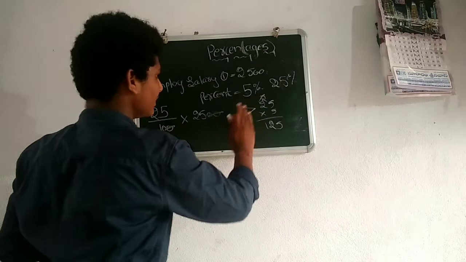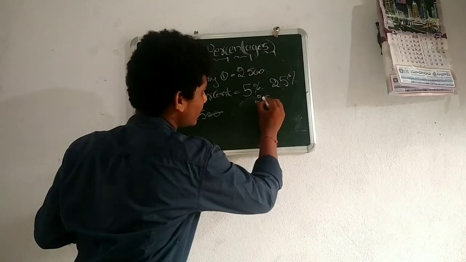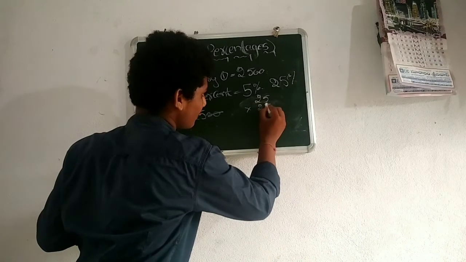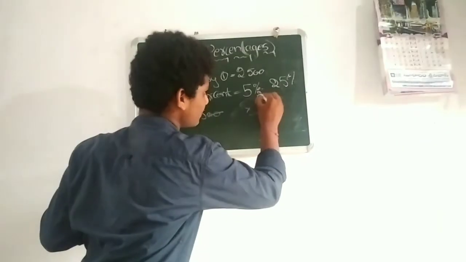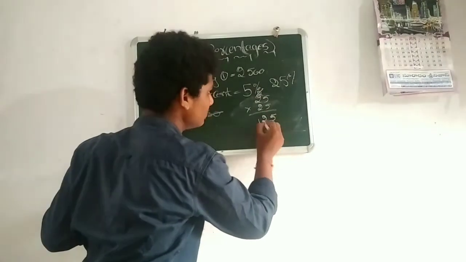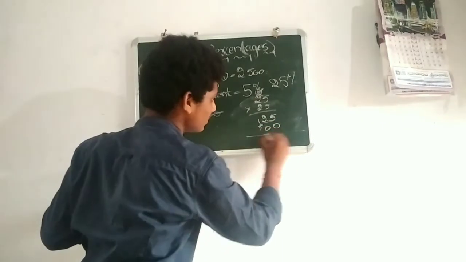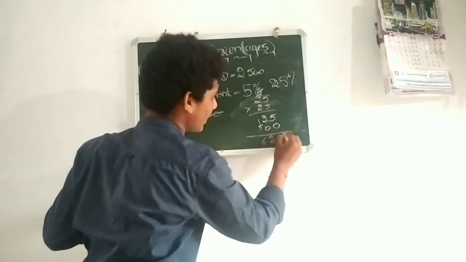Simply multiply here. 25 into 25, 5 fives are 25, 12, 0, 10, 5, 6, 2, 5.